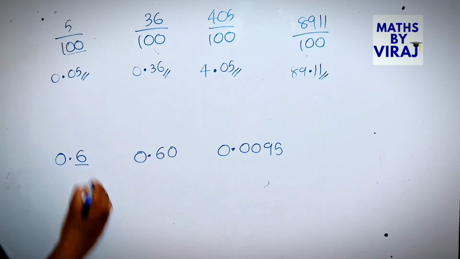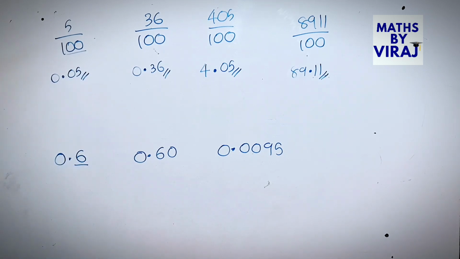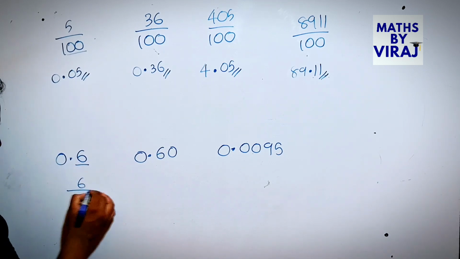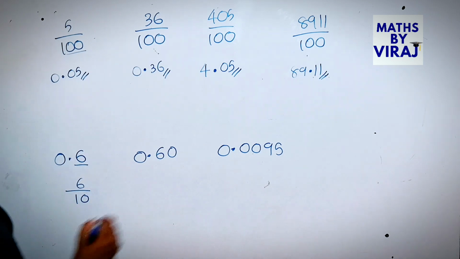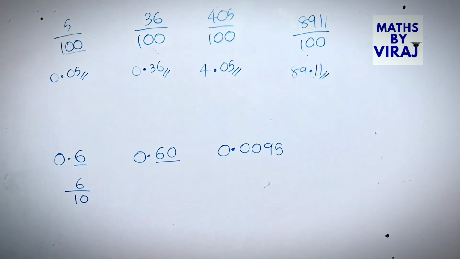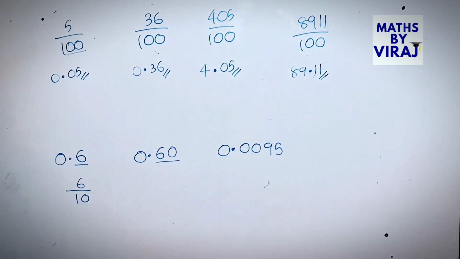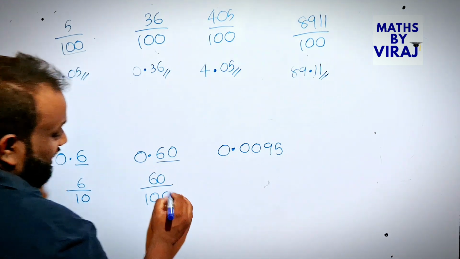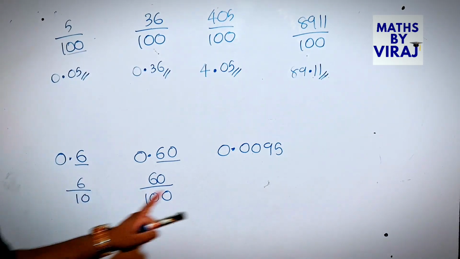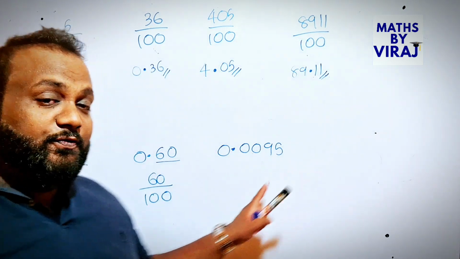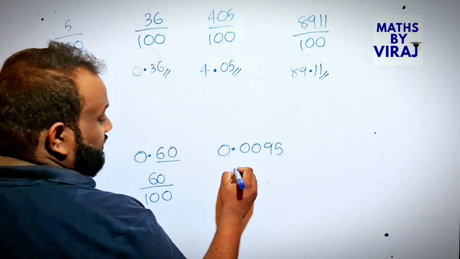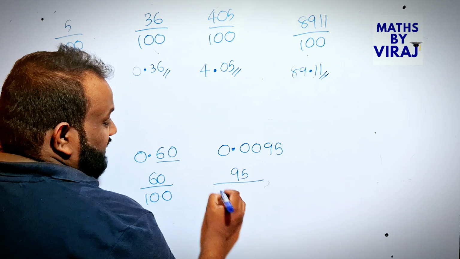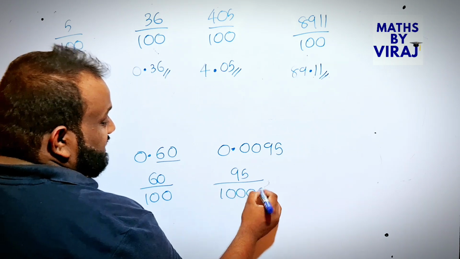Now, similarly, taking this into consideration, let's try to get the value of this. 0.6. 1 decimal place. Therefore, it should be 6 over 10. 0.60. 2 decimal places. Therefore, it should be 60 over 100. How many decimal places do we have here? 4. Therefore, it should be 95 and 4 zeros.